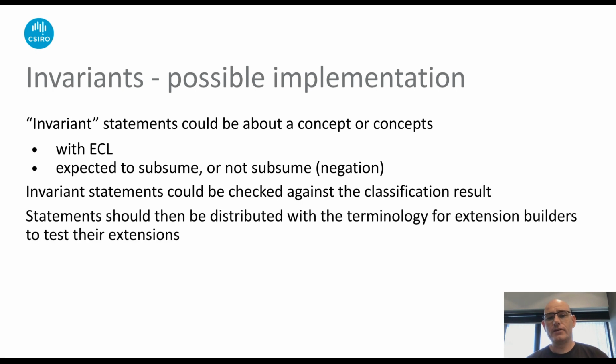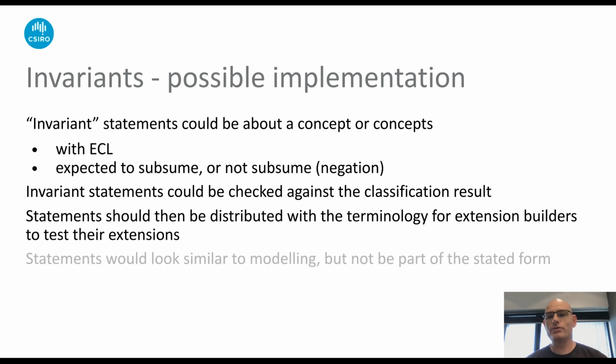Invariant statements can be checked after the classification result, and the statement should be used to check the distribution of, for example, the international edition, but it's something that should just be passed down to extension builders off any edition so that they can then also check any changes they're making to test their extensions.